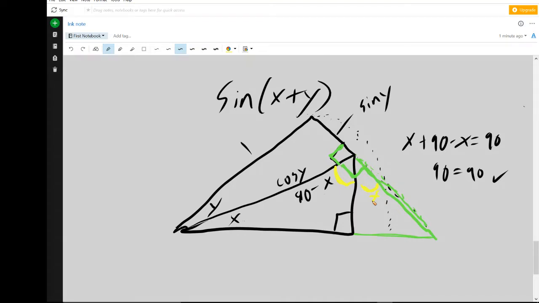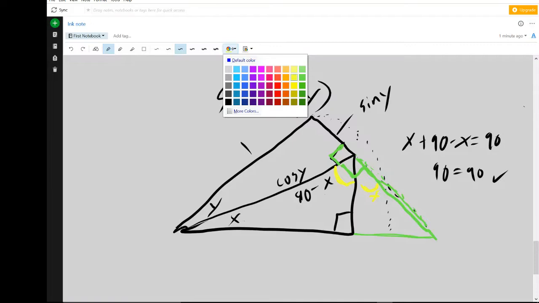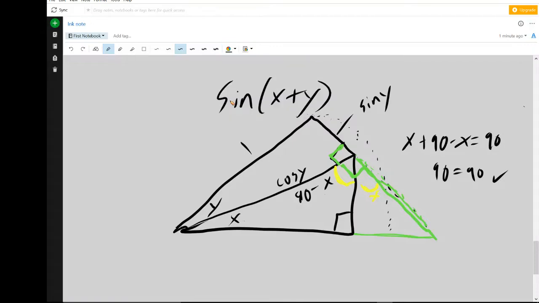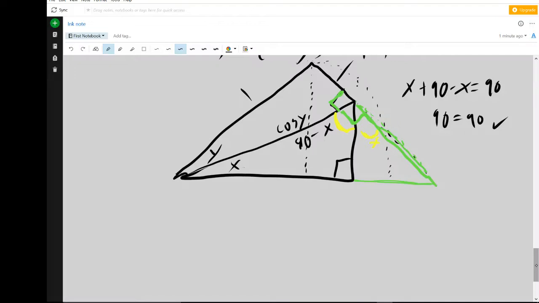Okay, if we can visualize that, let's draw a line down from this corner, and then let's redraw this triangle that we've just created on the right side so that we can really call out what's happening here. So we had a line coming up here.